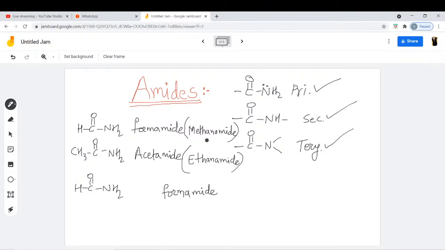But here I am removing this hydrogen and replacing it with a methyl group. So it will be called methyl formamide. If there is an ethyl group, then ethyl formamide. Propyl formamide, like this.